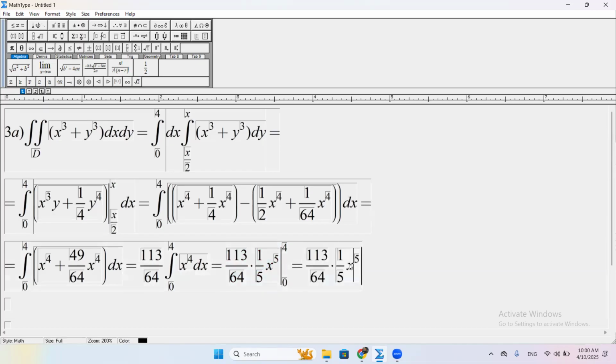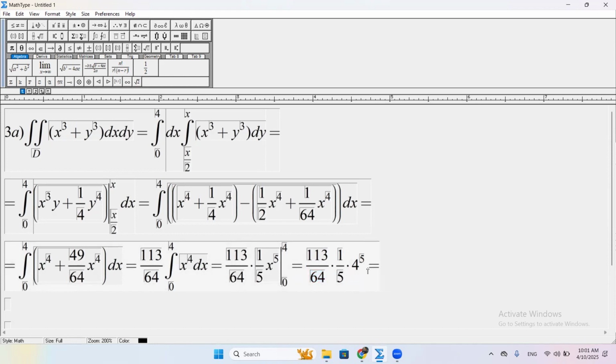So what do we actually have now? So 4 in power of 5. Now we can simplify it a little bit. So 64 is 4 cubed.